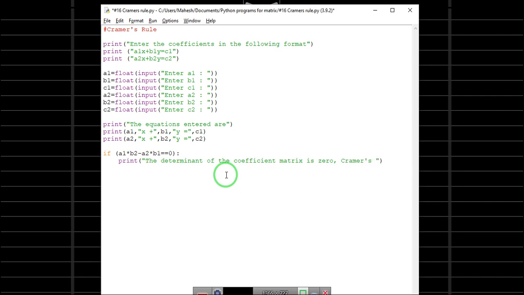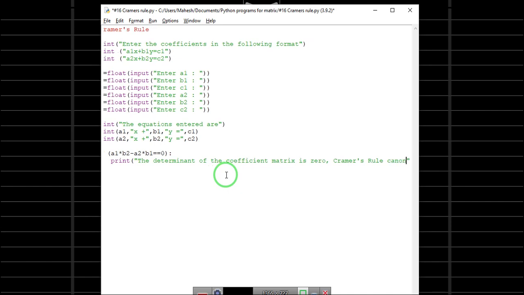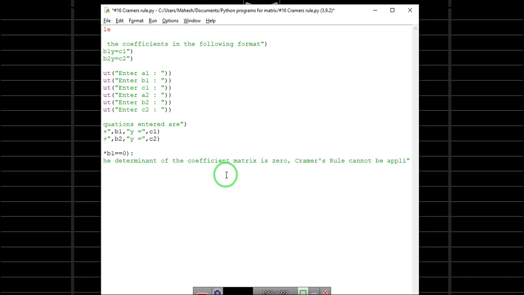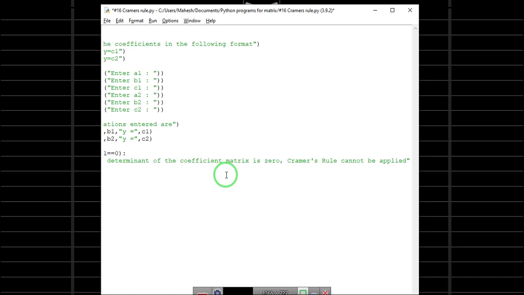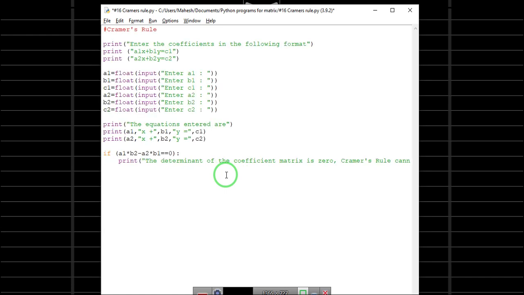Cramers rule cannot be applied. Okay. If not, then we write else we calculate x and y.